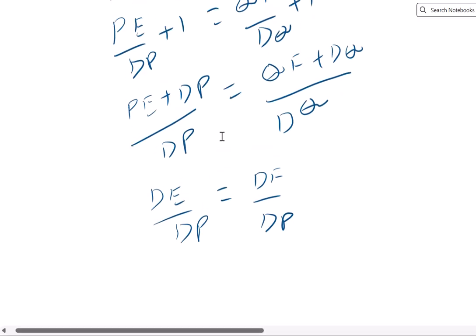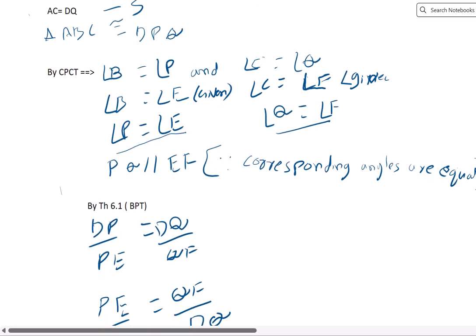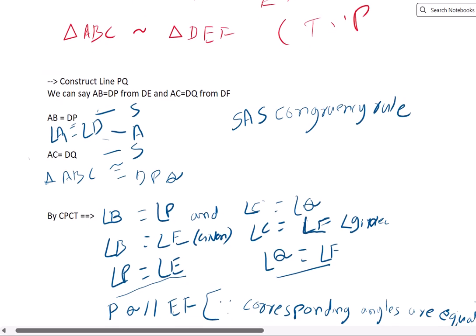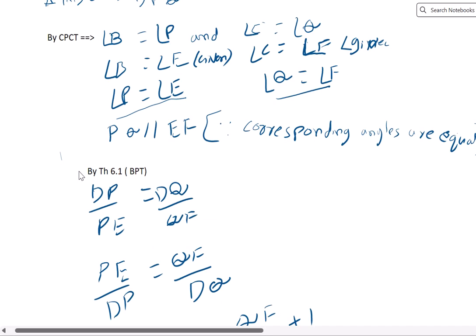Now the next step: see, somewhere at the top we have written AB upon DP equal to AC upon DQ. Let's mark this as 1 to make it easier. So with these two, 1 and 2, we can replace DP with AB and DQ with AC.